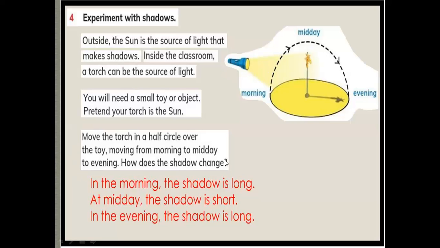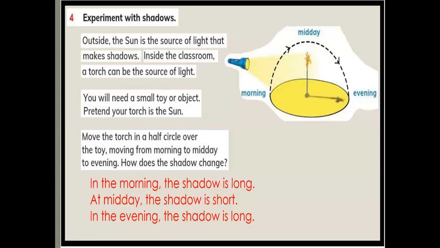How does the shadow change? You can see here the torch, we are going to put it down first, showing that it is morning time. At midday, we are going to hold the torch up, and in the evening, we are going to put it down again.